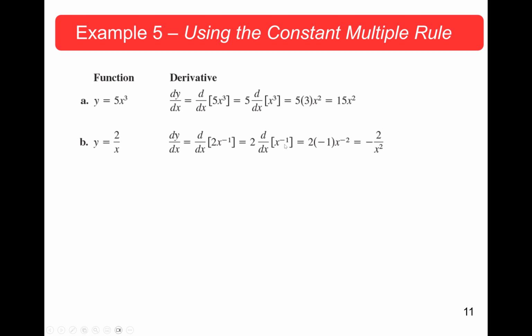We find the derivative of x to the power negative 1, which gives us negative 1 times x to the power negative 1 minus 1, so the power will be negative 2. And remember, we have 2, so 2 times negative 1 will be negative 2. We find the reciprocal of x to the power negative 2, which gives us negative 2 over x squared.